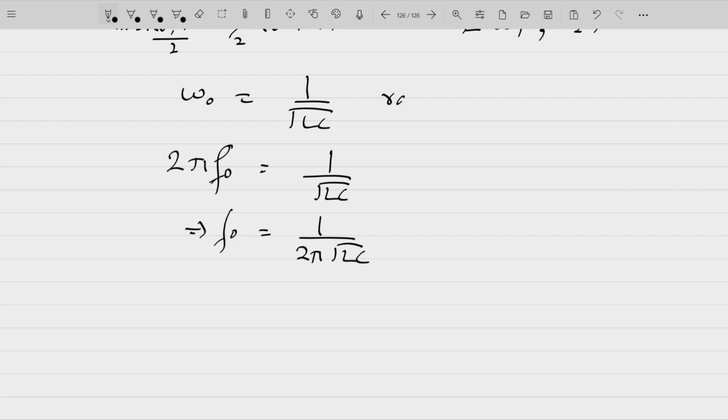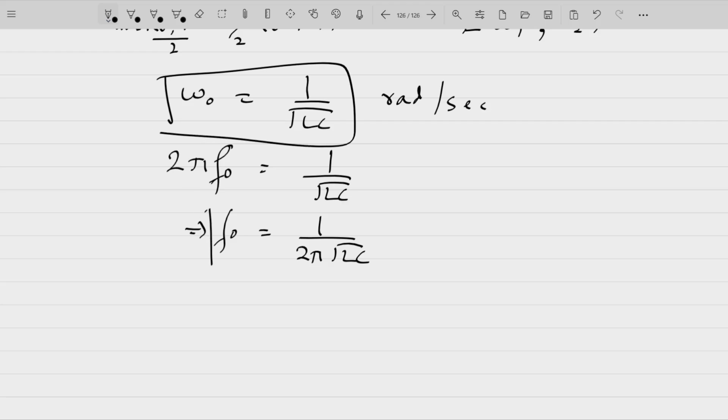The earlier one was in radians per second. This is also a resonant frequency, but this is in hertz. So we have defined omega naught, we have defined bandwidth.